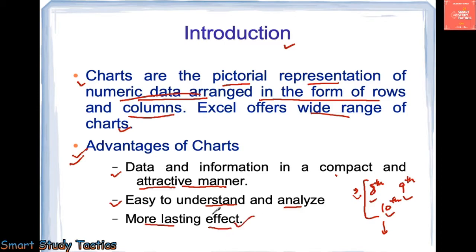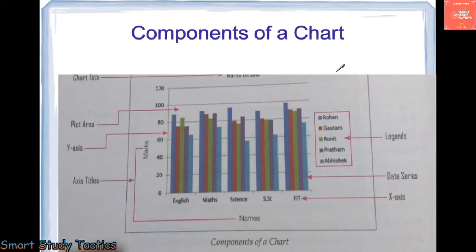Okay, now we have components of charts. Now we understand the components of charts. First of all, chart title. Actually, I clicked the image from the book, so that's why it is coming here. Chart title: whatever chart you are going to make, the title will come here. Plot area: this area where the chart is going to be situated is known as the plot area.